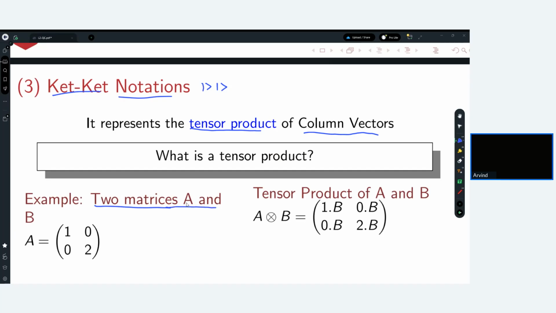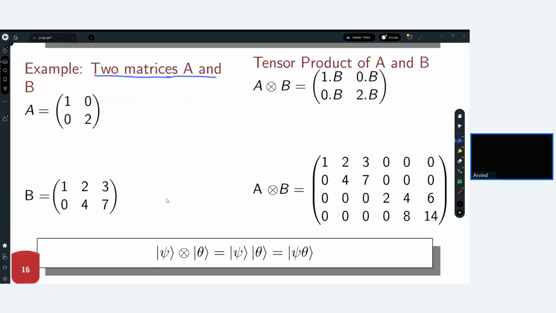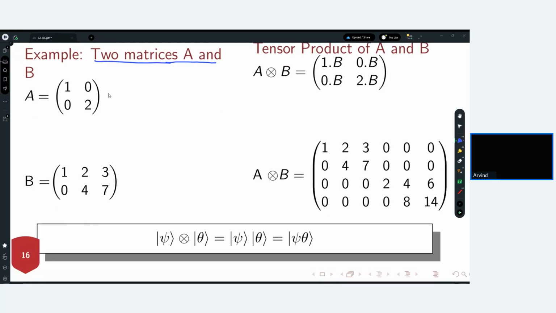Here two different matrices are given, A and B. The first matrix is of size 2 by 2 and the second matrix has two rows and three columns, so the size is 2 by 3.